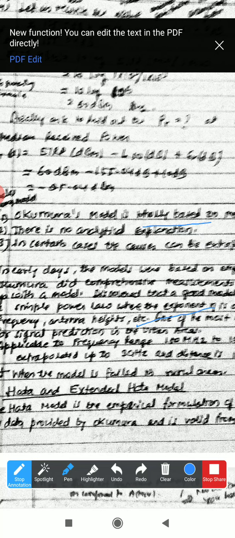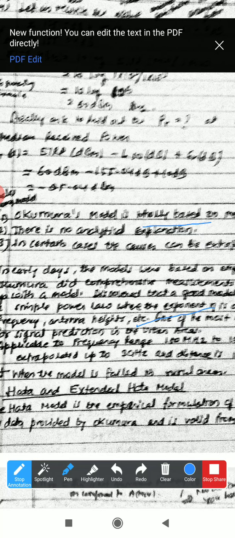It discovered a good model for the path loss: a simple power law where the exponent eta is a function of frequency, antenna height, etc. It is one of the most widely used models for signal prediction in urban areas, and it is applicable in the frequency range of 150 MHz to 1920 MHz, can be extrapolated up to 3 GHz, and the distance is taken as 1 kilometer to 100 kilometers.